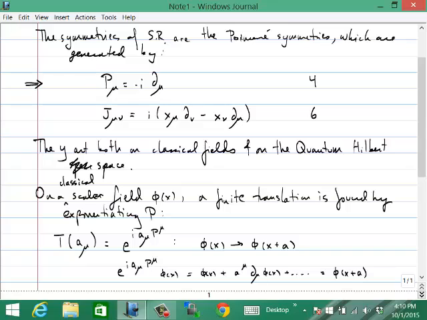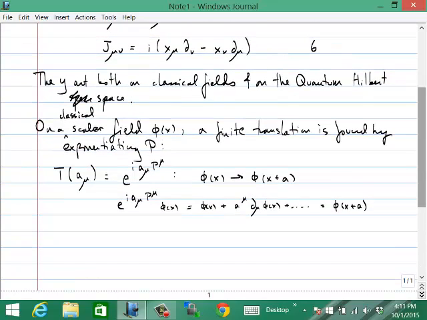So that's the sense in which we say that these differential operators, d by dx mu, generate the translations in the x mu direction. This is something probably that you've already seen before, but you may not have seen it in precisely this language. This is literally why the momentum operator in quantum mechanics is d by dx mu. It's because it's the generator of translations that take x to x plus a constant.